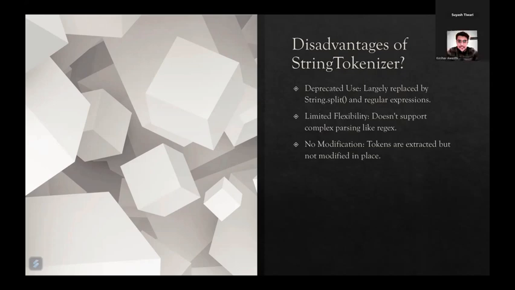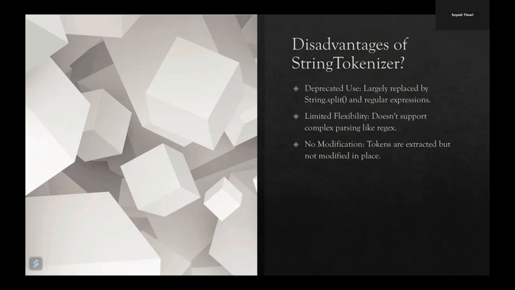So nowadays, in programming languages, we are using the dot split method and regular expressions. That is why splitting of strings has become quite easier, and that is the reason why string tokenizer is not used nowadays. The second one is limited flexibility, that is, it doesn't support complex parsing like regex.